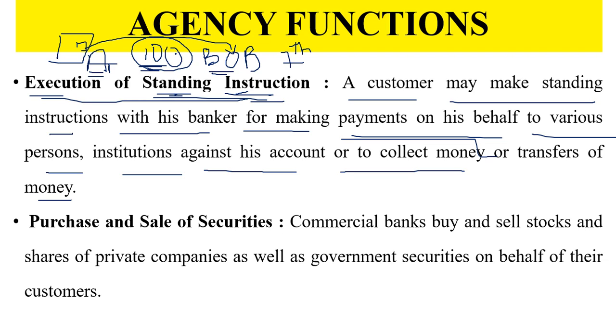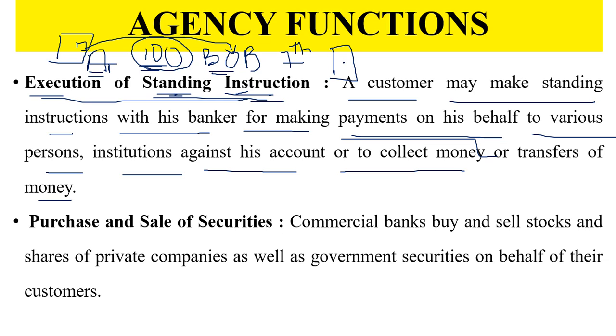Okay, now this is the transfer of money from one account to another account. In the other way also, A can give instructions to collect money, if he wants to collect money from some other people. So A can give instructions to Bank of Baroda in the letter that these are the people, and I want to collect 1 lakh rupees, 20 lakh rupees from a particular account.